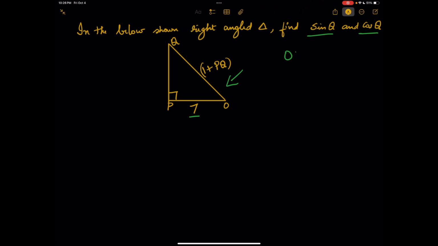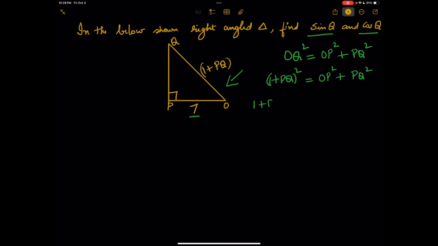It's hypotenuse square, which is OQ square, is equal to OP square plus PQ square. Now OQ is nothing but 1 plus PQ, the whole square is equal to OP square plus PQ square. Now let's apply the A plus B the whole square formula here.